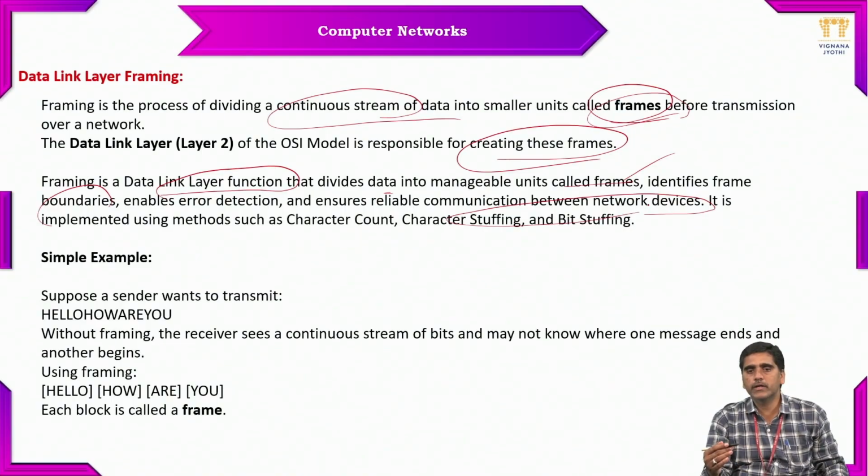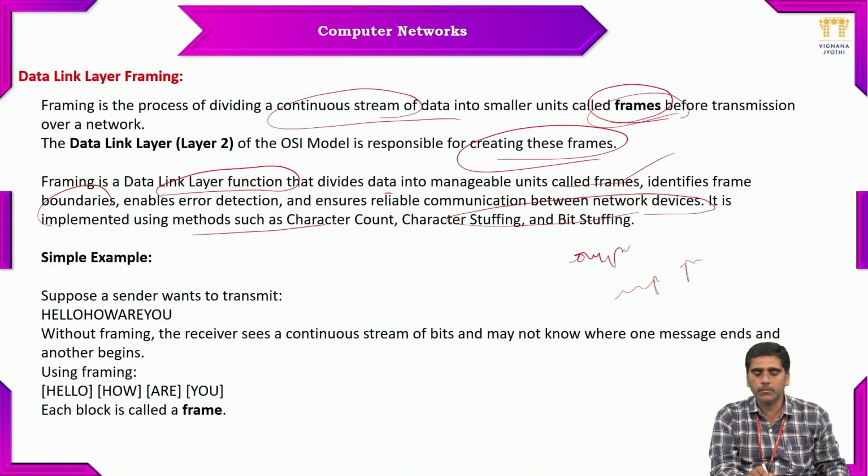When you want to communicate from one device to another, like a computer to the router, computer 1 to computer 2, or a computer to the printer, reliable communication enables error detection and correction mechanisms. For each data transmission, the data is divided into small units called frames. It is implemented using methods such as character count, character stuffing and bit stuffing.